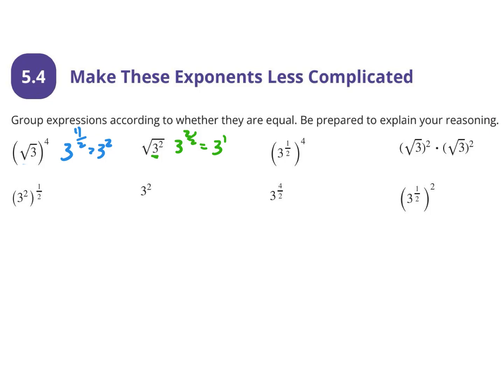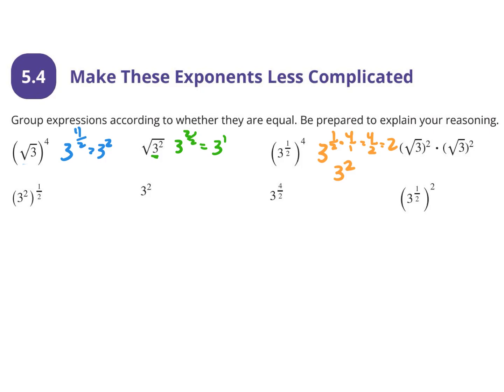This one is 4 to the, where did I get 4 from? That's the exponent. It's 3 to the 1/2 times 4 over 1, which is 4 over 2, which is 2. So this becomes 3 squared again.